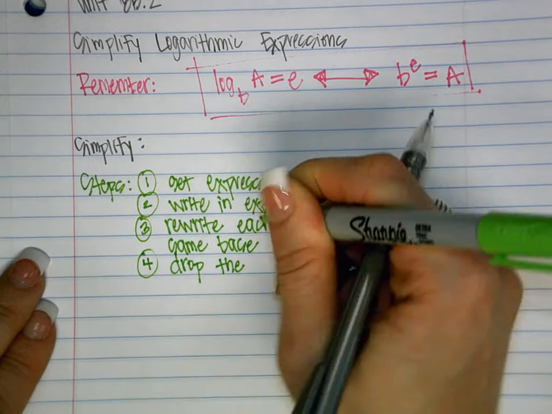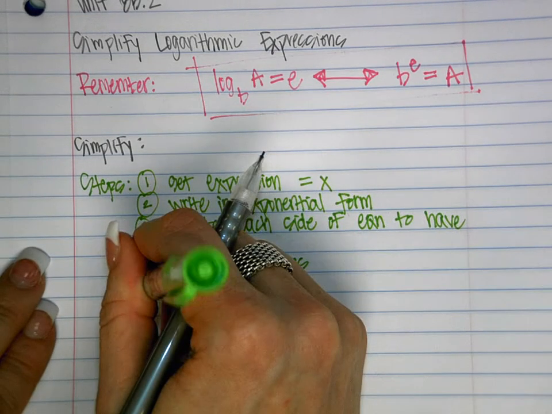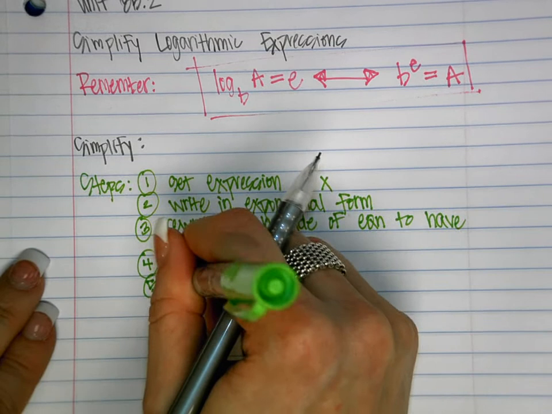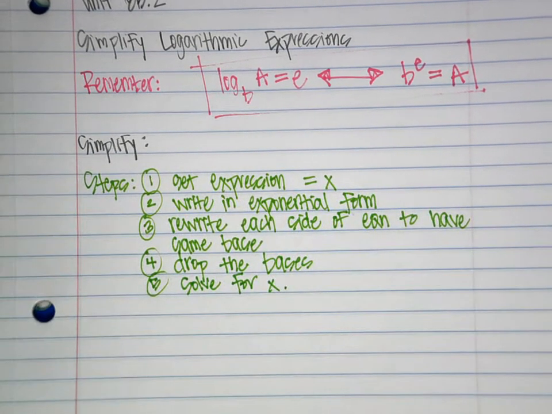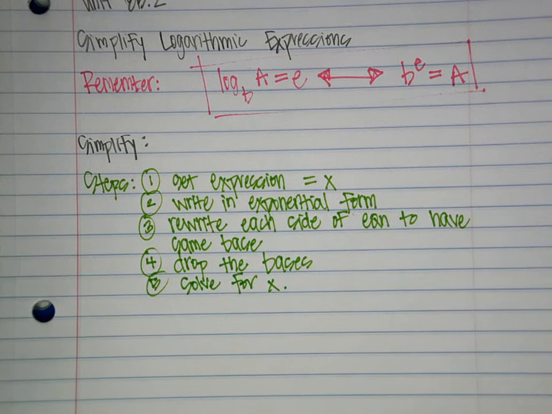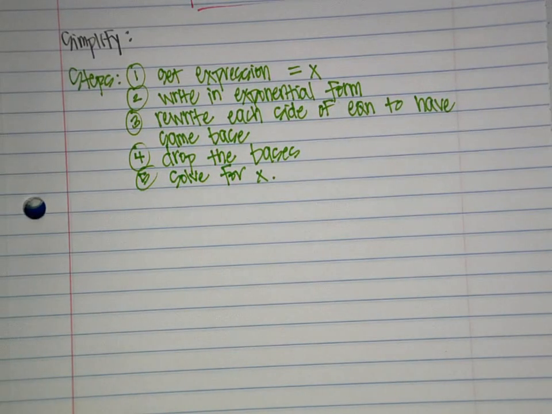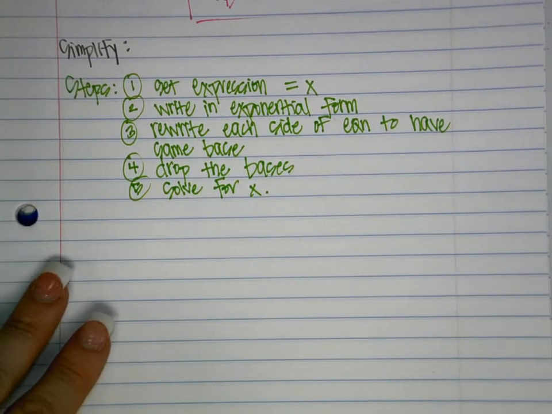Is anyone noticing that this is sounding familiar? This is sounding a lot like what we just did in our last unit. And finally, step 5 is to solve for x. So essentially what we're going to be doing today is getting these log equations into a form that we already know how to simplify, which is what we did in our last unit in 8A.